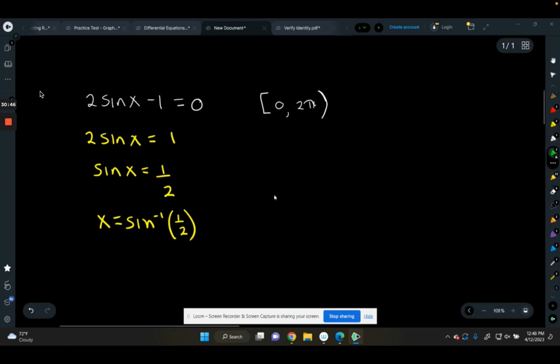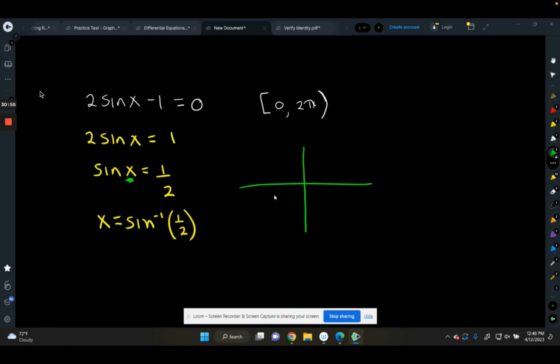What that means is that I want to know which angle, right? x is referring to the angle. Which angle gives me a sine value of 1/2? So we have to know our unit circle.